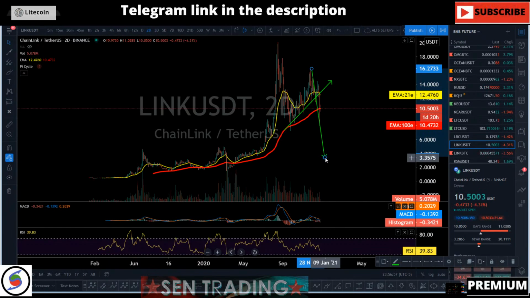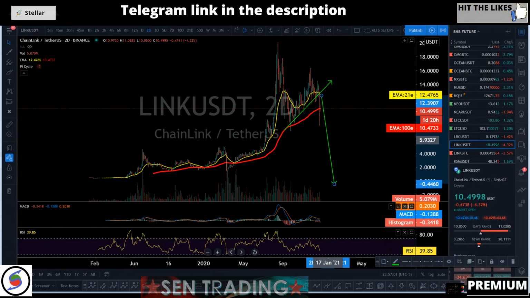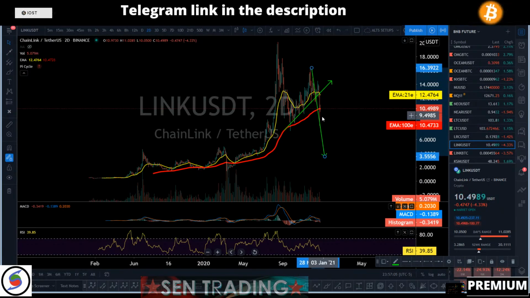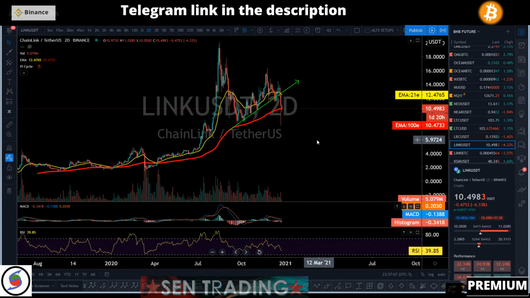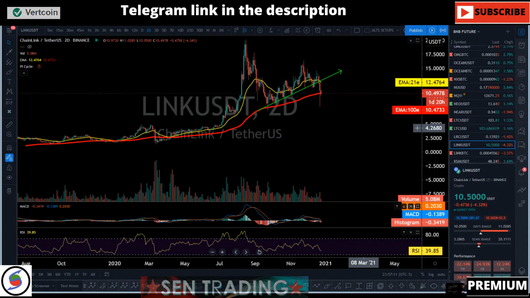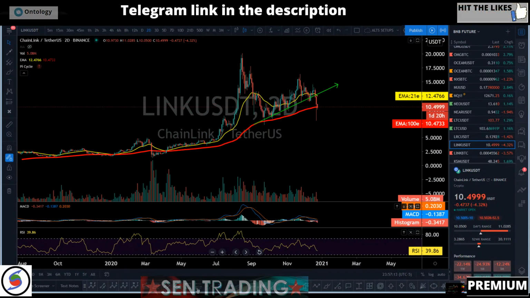That's like going down to $3. If you want to do one-to-one from the breakout, that's not good. But it might not play out like that, right?